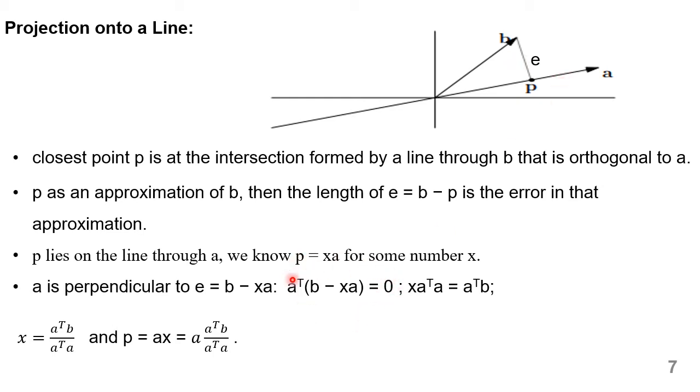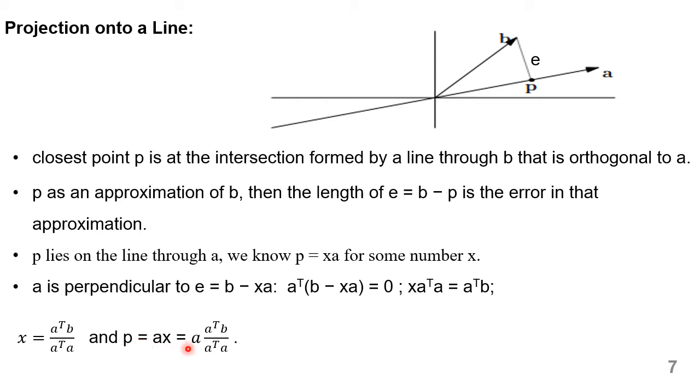So when I simplify this, I get x A transpose A is equal to A transpose B. I have simplified this, and x into A transpose A will always be equal to A transpose B. Let me get the value of x, that is given by A transpose B divided by A transpose A, and we know that P is equal to A into x.